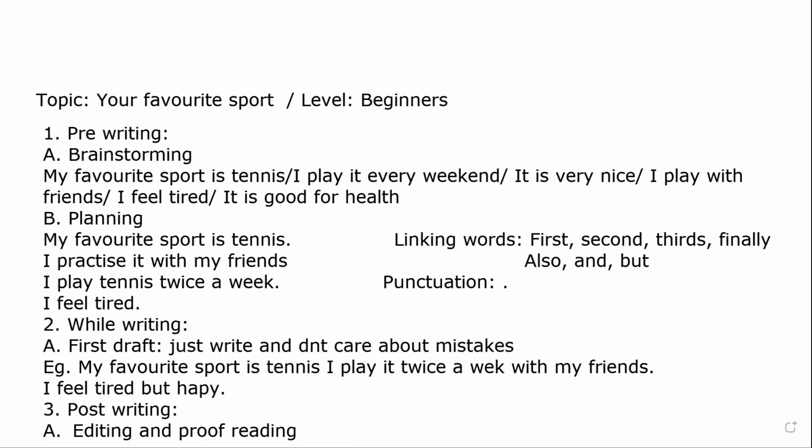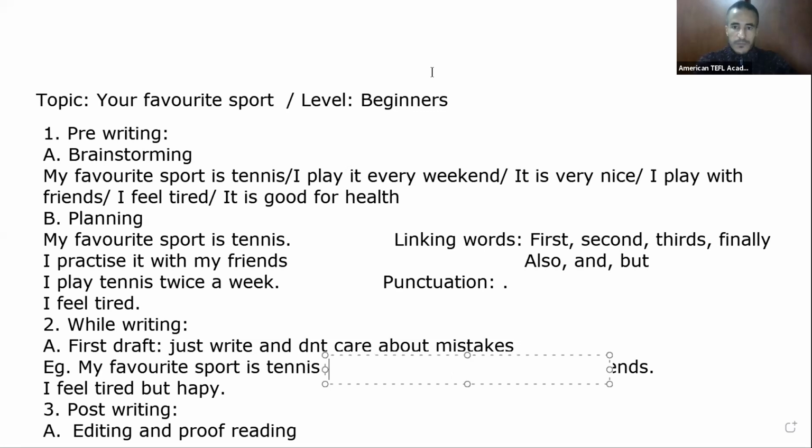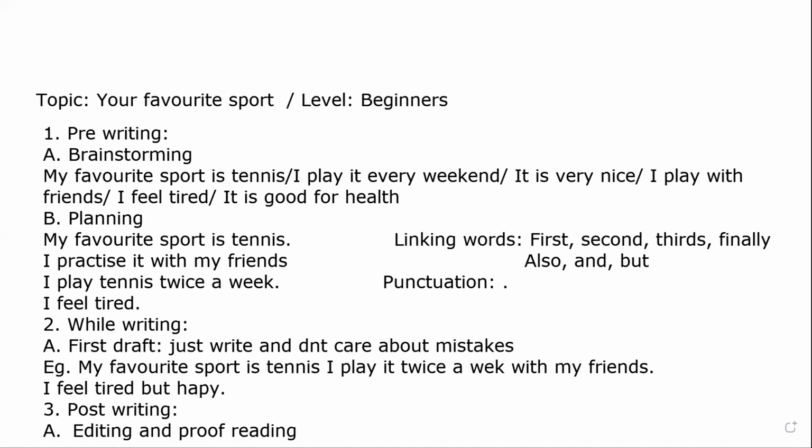Punctuation. Very good. You tell them, okay, good. Now I want you to compare your paragraphs. Can you find if there is a punctuation mistake or if there is a writing mistake? And here they can write, my favorite sport is tennis. What's the problem here? Full stop. Very good.